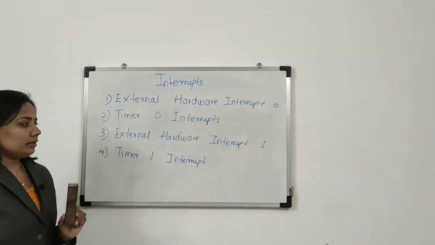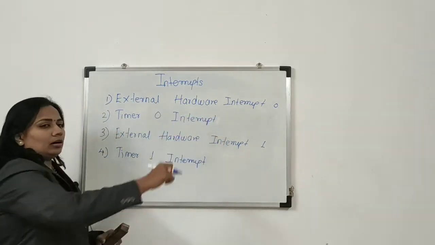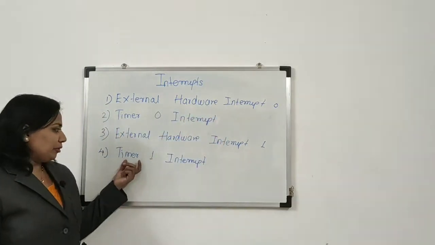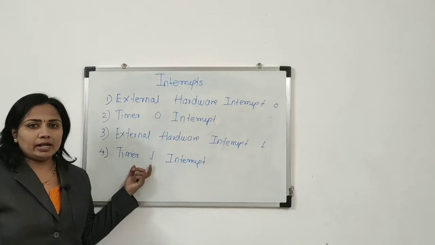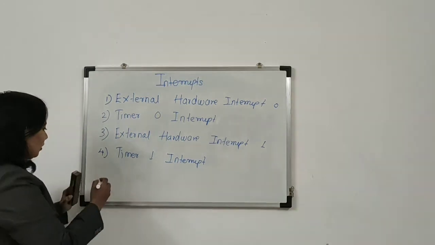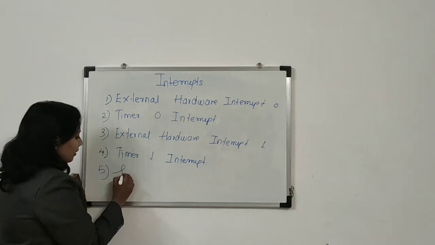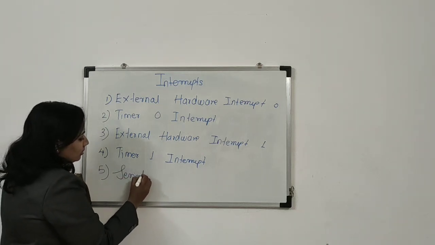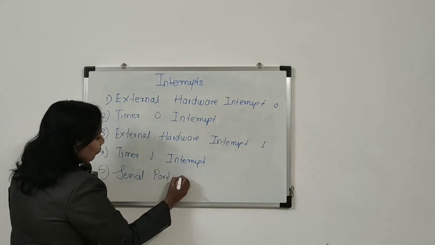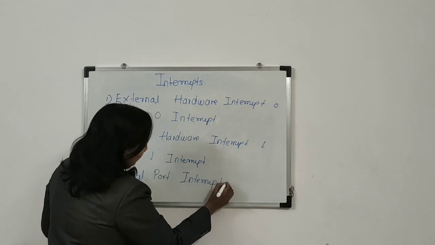So whenever we have an interrupt which is generated from timer 1, we'll call that interrupt as timer 1 interrupt. And then we have the interrupt for serial port or serial communication interrupt.